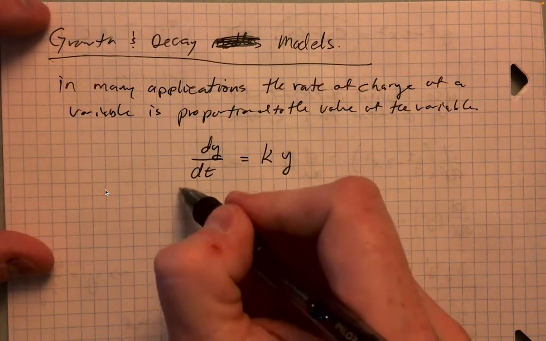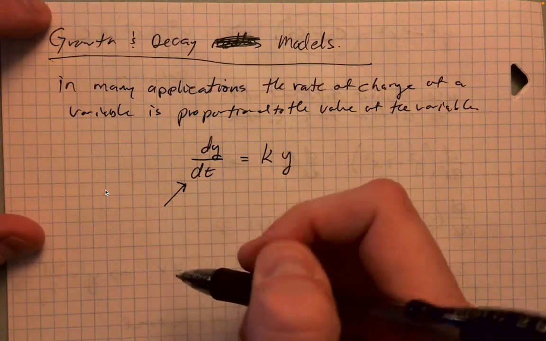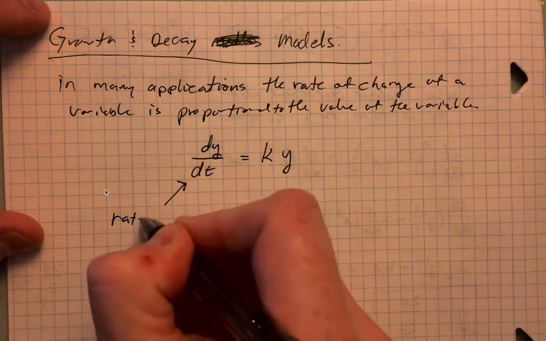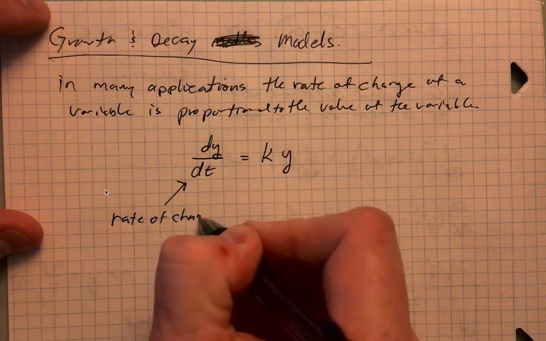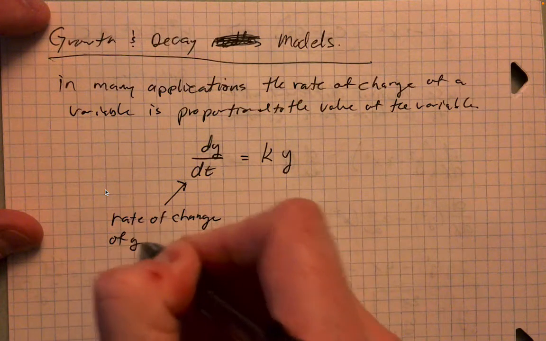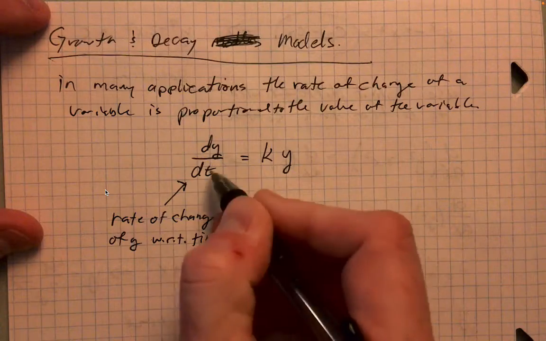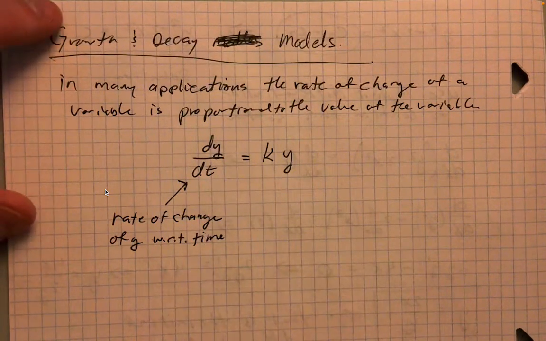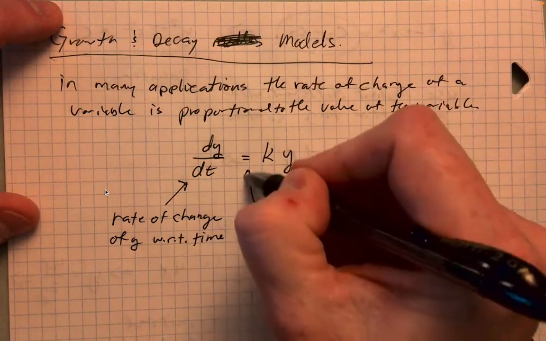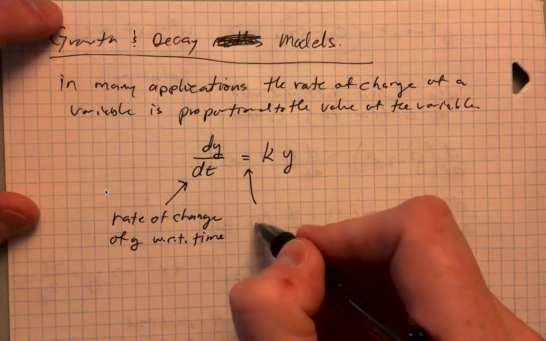This side over here is the rate of change of y with respect to time. Usually we use the dt for time. And of course the equal sign you can interpret as the word is, basically.